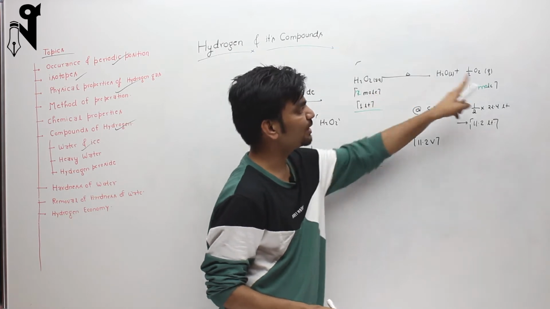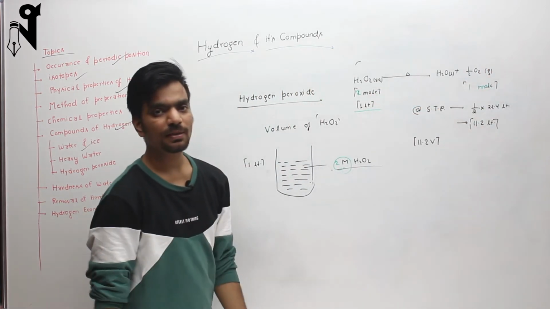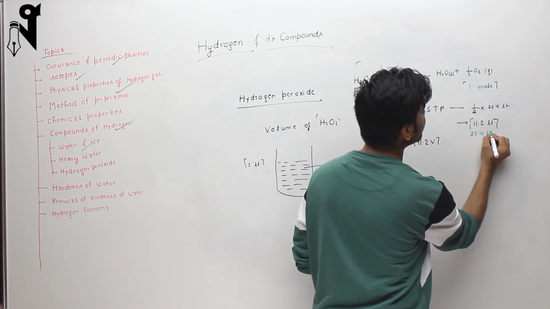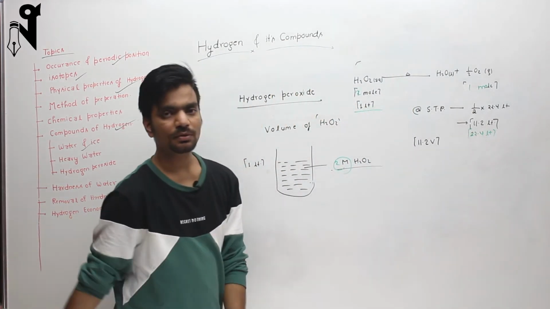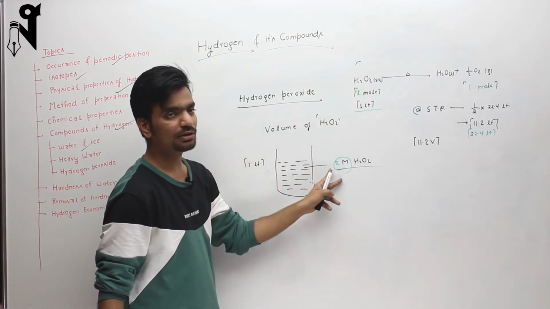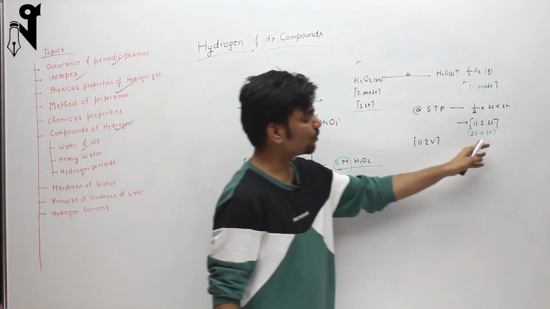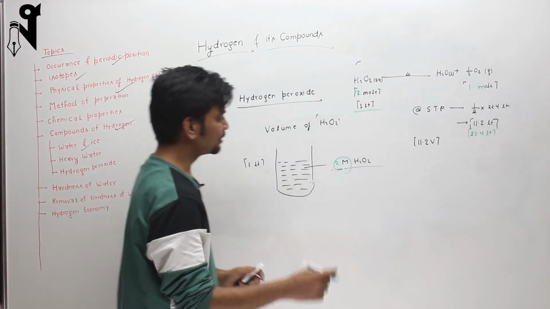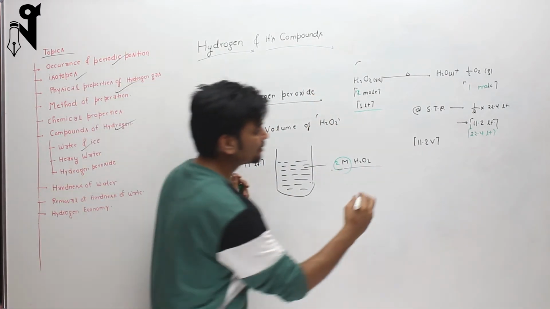And 1 mole at STP will occupy 22.4 liter. So the volume strength of that 2 molar H2O2 solution will be 22.4 volume. So there is one direct conversion as well.